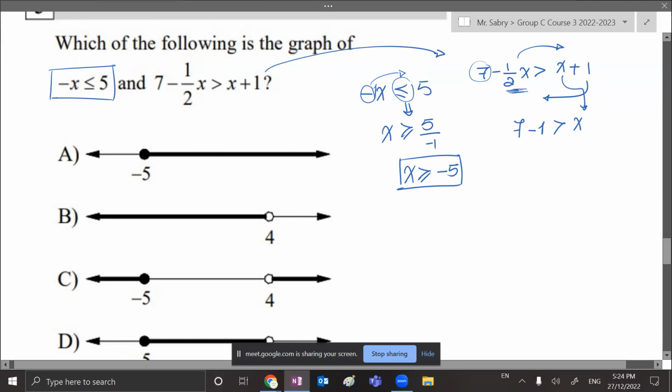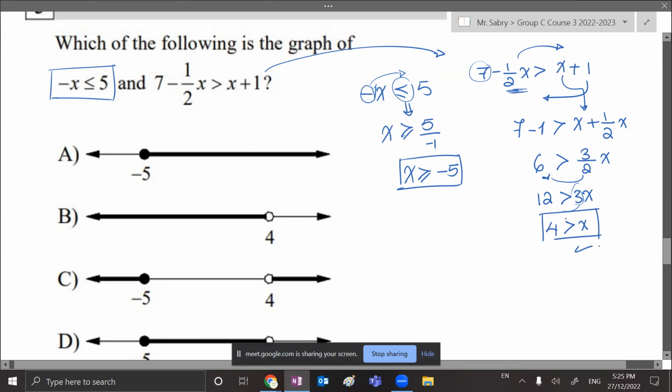And then the negative half, when it went to the other side, it goes as positive half. 7 minus 1 would be 6. Then now 1 plus half is 3 over 2 x. The 2 would go to the other side by multiplication, so that would become 12. Then 3x, and then the 3 would go to the other side by division, so that would become 4. So x is actually less than 4.